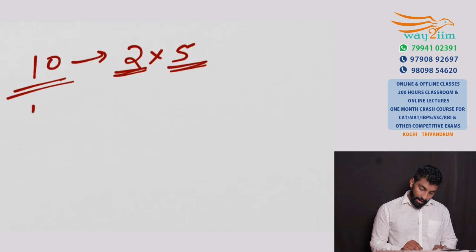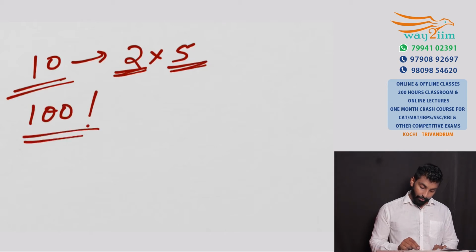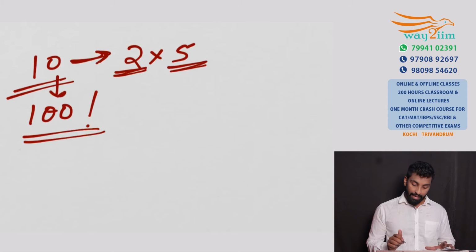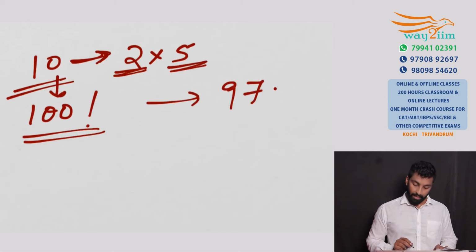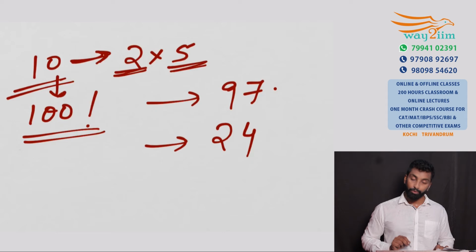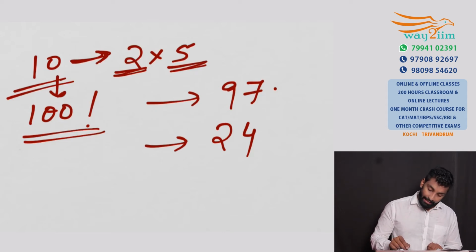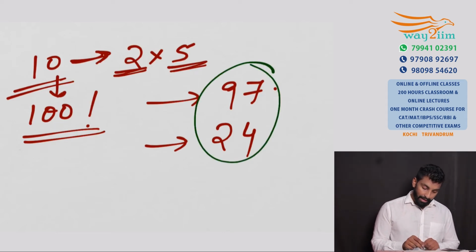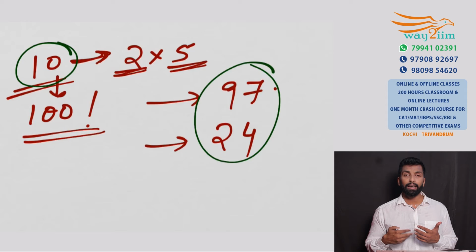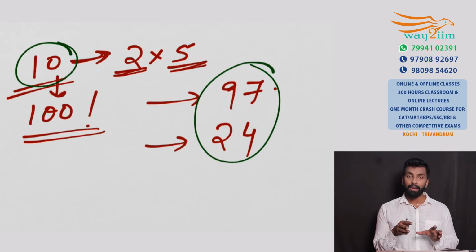So if you need the highest power of 10 in 100 factorial, you prime factorize 10 and then see how many 2's are there. We have already seen that just now: 97 2's are there. How many 5's are there? We have seen 24 5's are there. But I need to see how many 10's are there. And how do you get 10? You get 10 only if you combine a 5 and a 2.